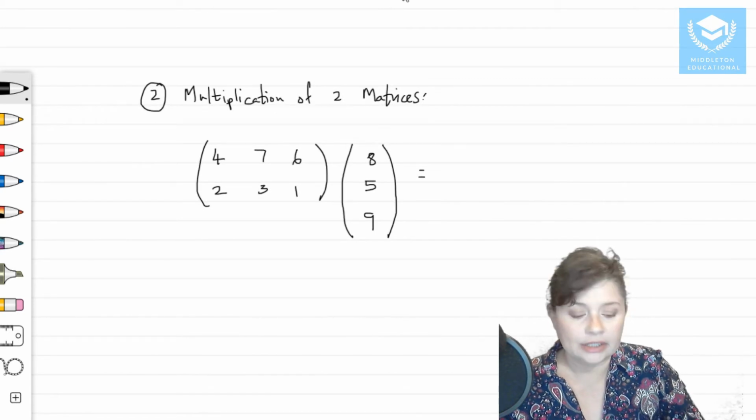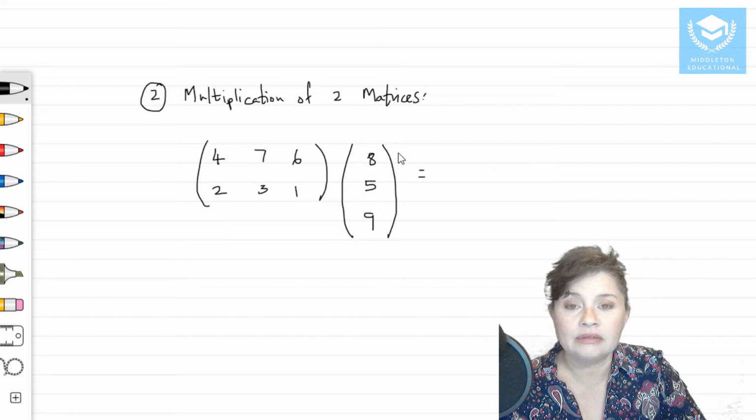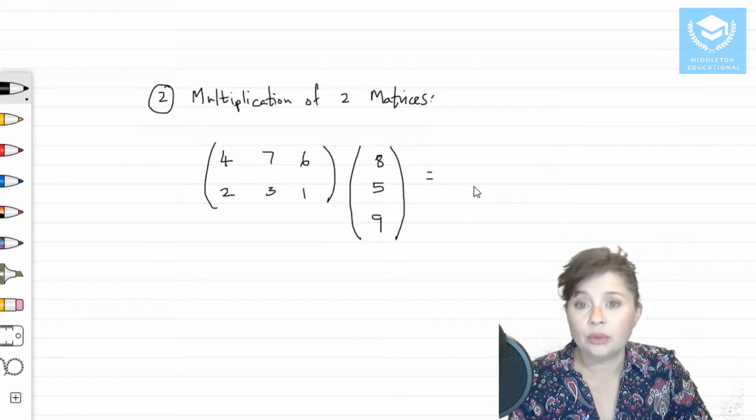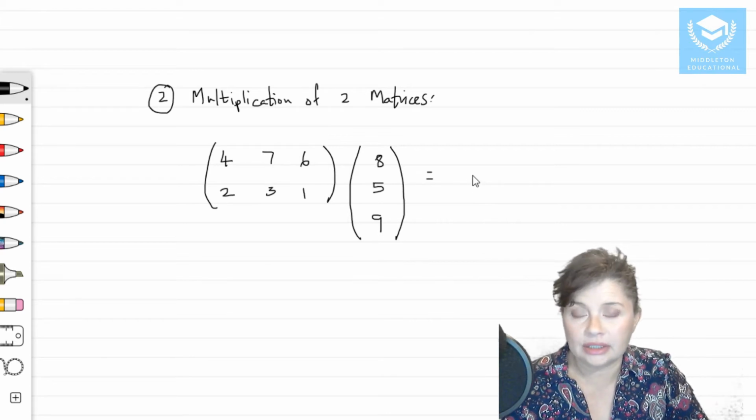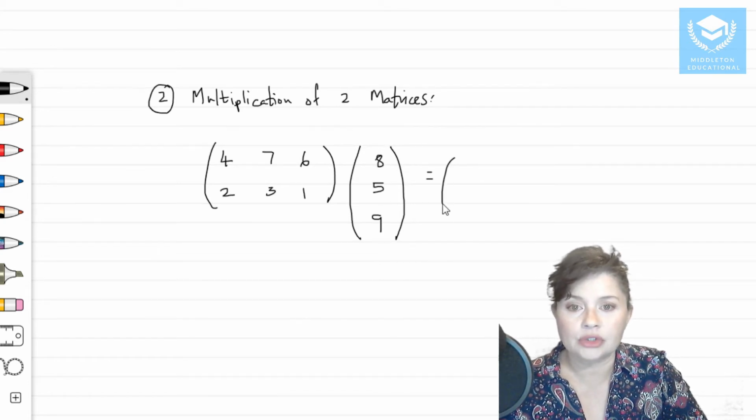For the multiplication of two matrices, here you have a 2 by 3 multiplied by a vector. A vector is just a single column. The way we multiply two matrices together is we take the first row multiplied by the second matrix. I'm just going to write it out and then do the computation afterwards.